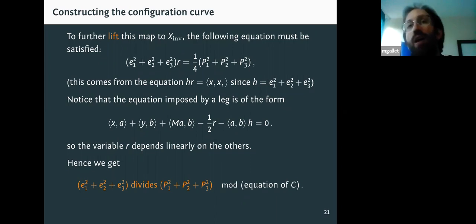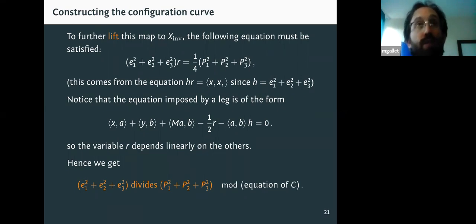But we should take into account that if we want to construct a configuration space, not just an arbitrary curve in XINV, but really a configuration space, namely something that really comes from legs, then we should look at the equations determined by legs, which has the shape that I reported here, from which we see that the R variable depends linearly on the other variables.